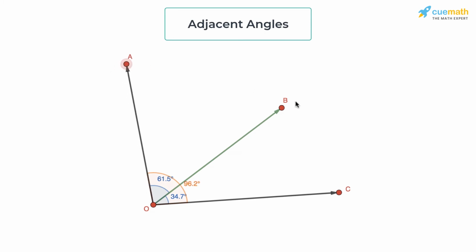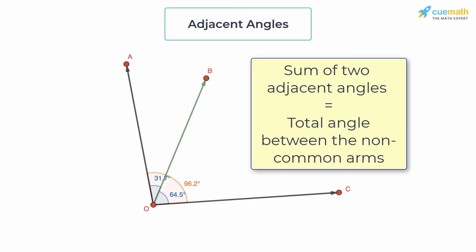On the other hand, if I move this common arm OB like this, I am making AOB smaller and BOC larger, but their sum continues to be equal to angle AOC. So remember that the sum of two adjacent angles is the total angle between the non-common arms.